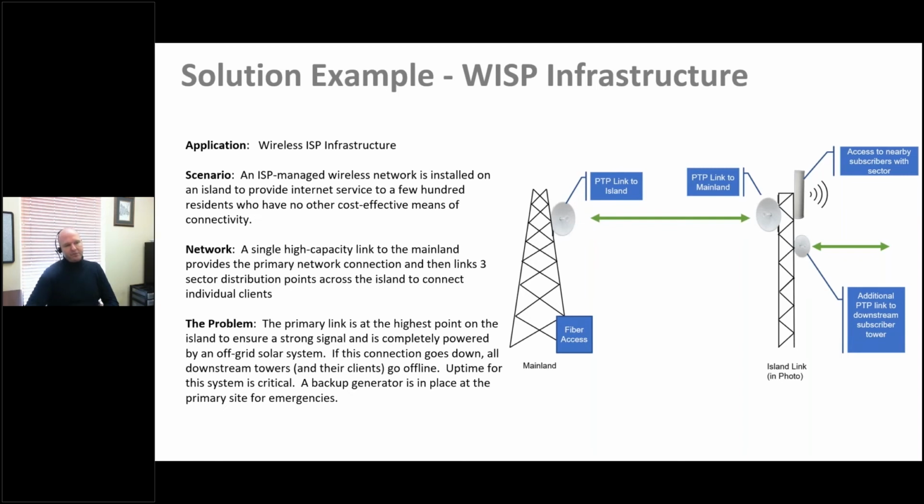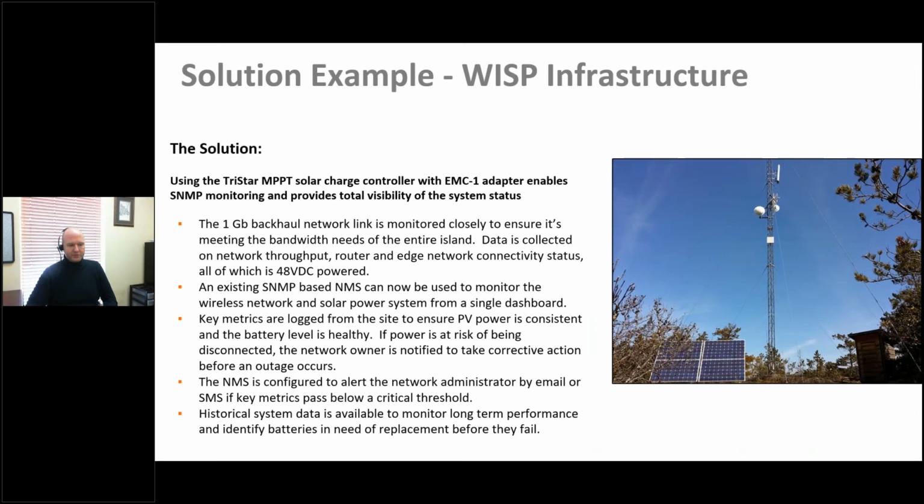So in this example, there was an island system, a couple hundred customers on an island that were getting connectivity from a point-to-point wireless link, like many of the cellular towers use. And this system is actually monitored and powered by solar applications.